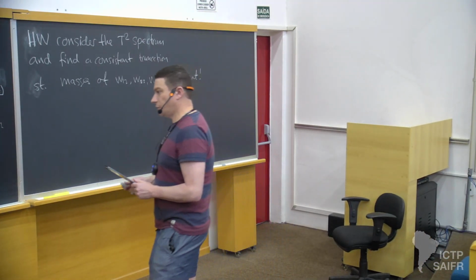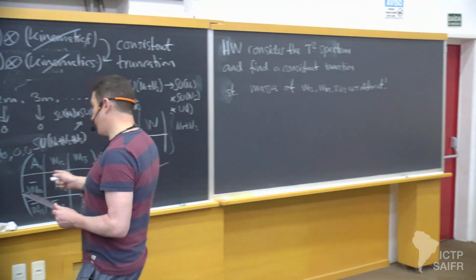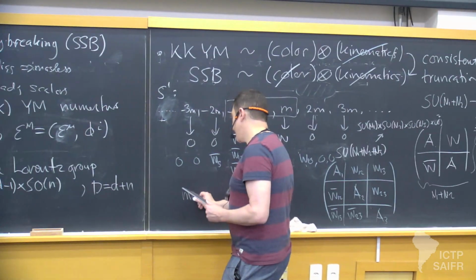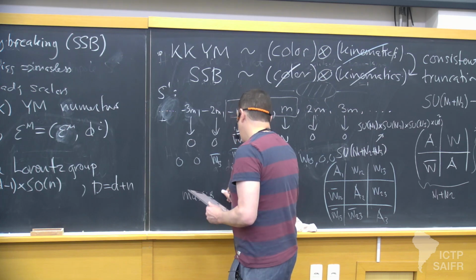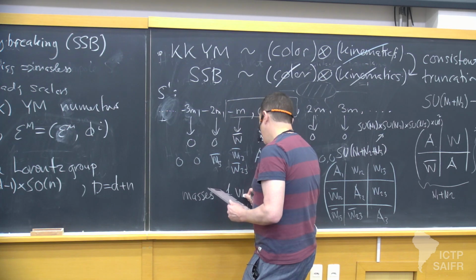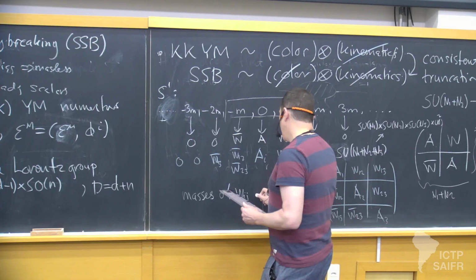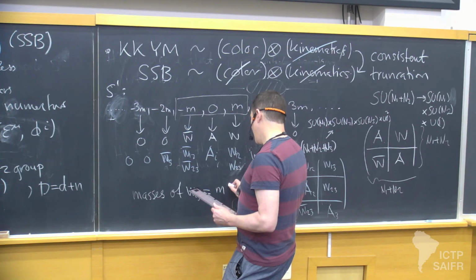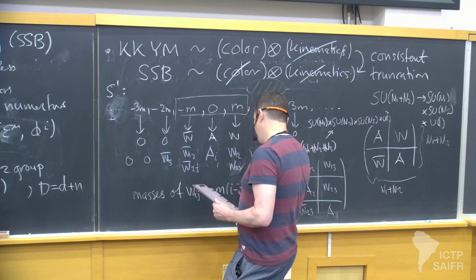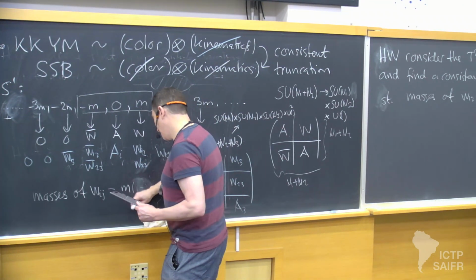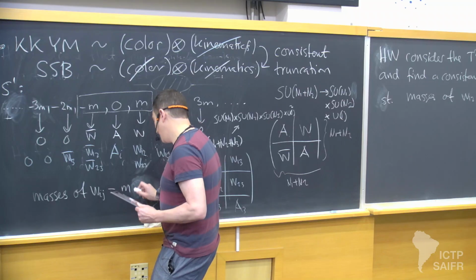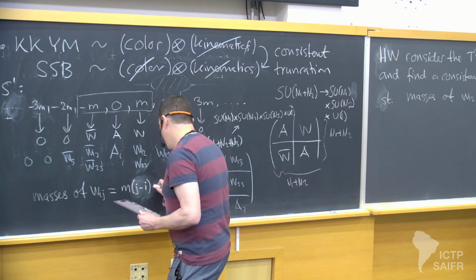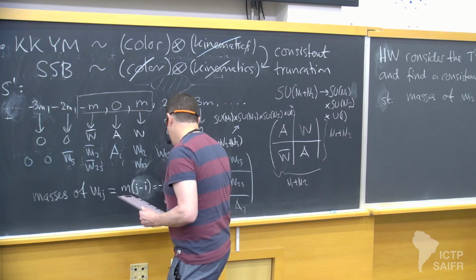Maybe it's not obvious what to do, but let me give you some hints. Notice that the mass spectrum, the masses of Wij, is equal to m times j minus i, and this is, of course, minus Wij bar.